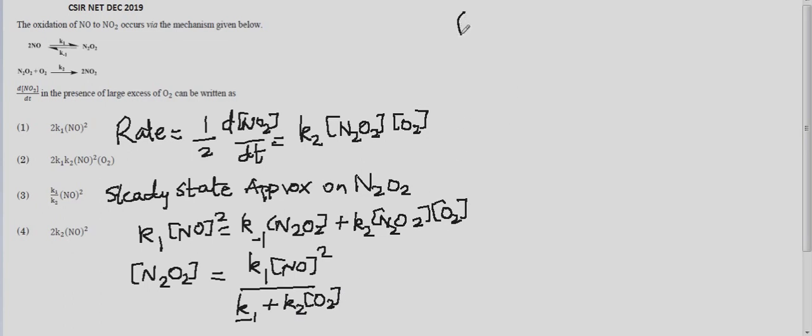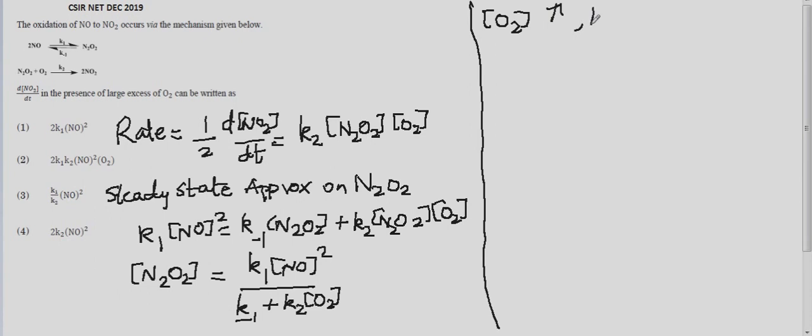They mention in the question that the concentration of O2 is high. So what will happen is that this value will be very big compared to that one. So k2 [O2] is going to be very high compared to k-1, so this value can be neglected.